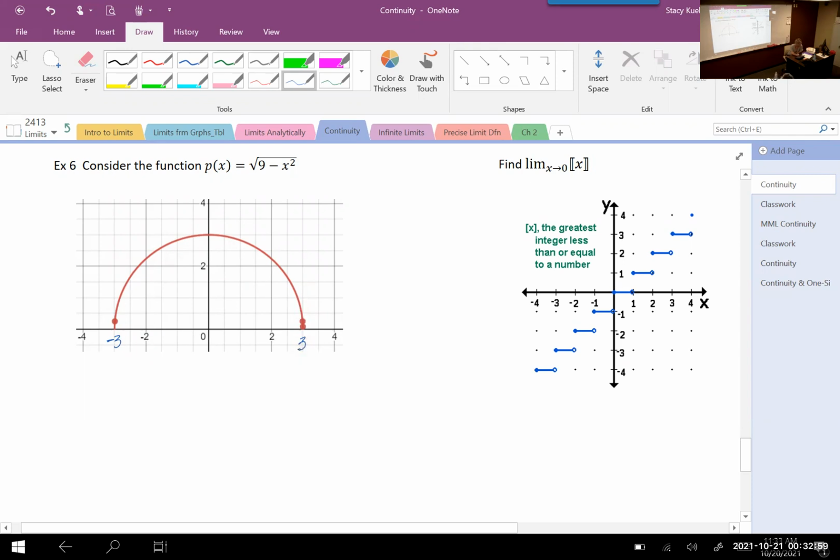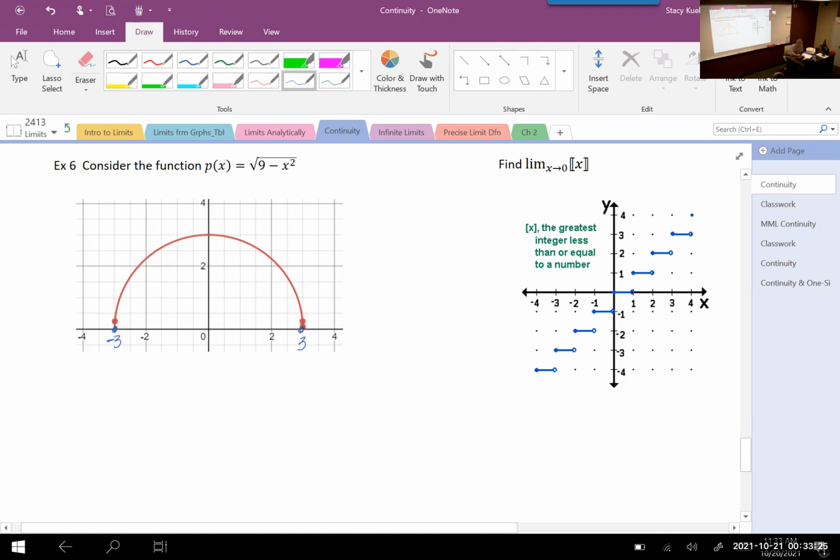And we have a similar issue if we're talking about this 3 that's over here on the opposite side. So if we want to talk about a function being continuous, let's look at it in terms of limits, one-sided limits. We know that this function is defined from -3 to +3.